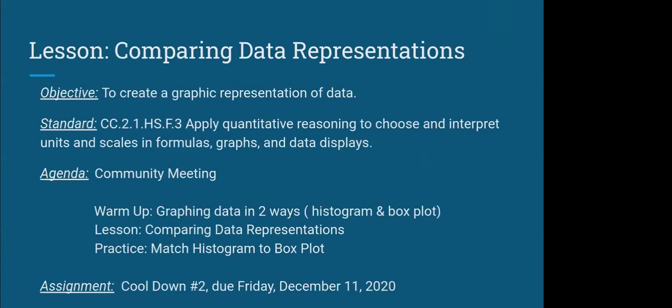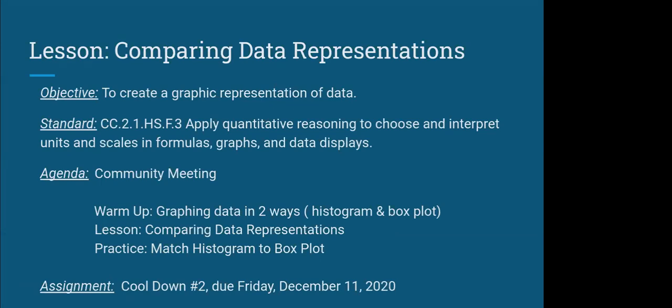All right, so today we are talking about comparing data representations. And again, we are creating graphic representations of data, and we are looking at them. In the end, we are going to match two of the three representations that have been mentioned thus far in the class.